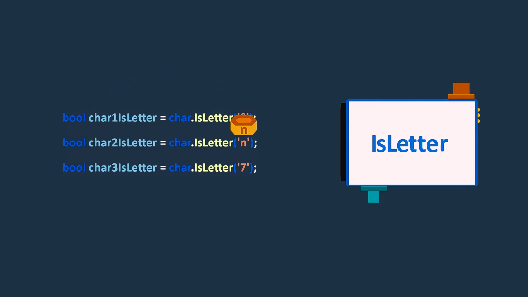Similarly, the second example passes a lowercase n to the method and receives a true output as it's recognized as a letter. However, in the final example, we receive a false value as the method does not classify the character 7 as a letter.